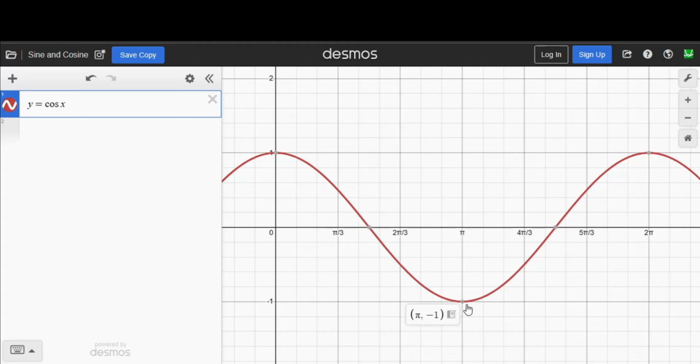Our next point is pi and -1. And then 3 pi over 2 and 0.